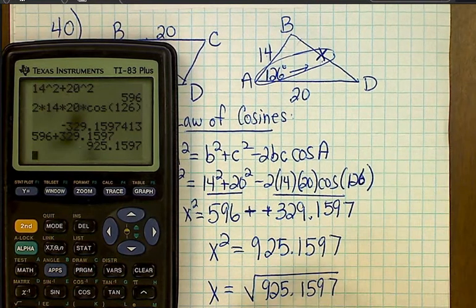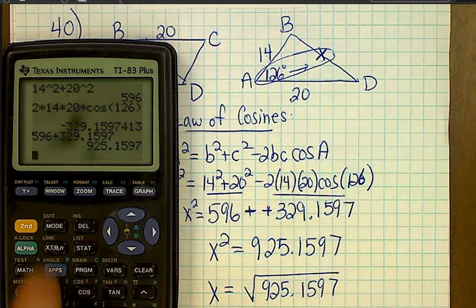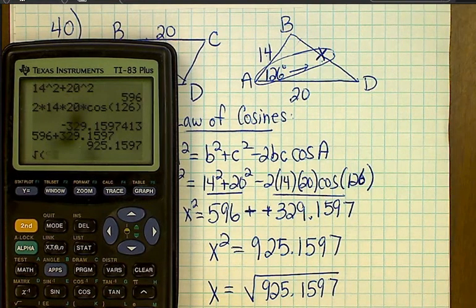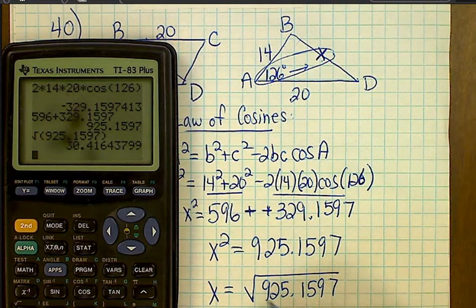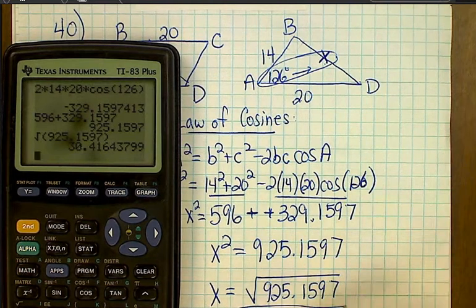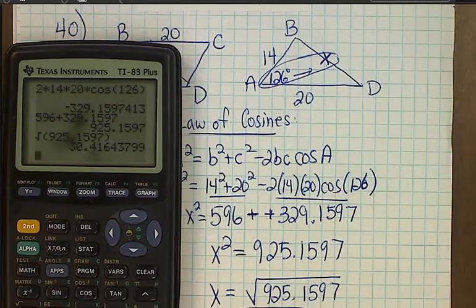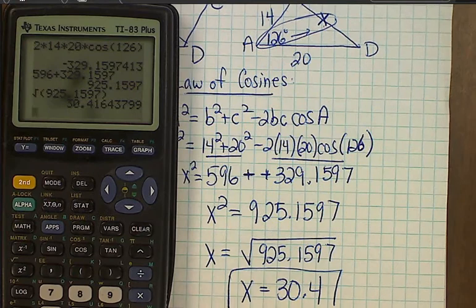So x is going to equal, and we want to round this to the nearest tenth. So we get 30.4. So when we finish that problem, we get 30.4.